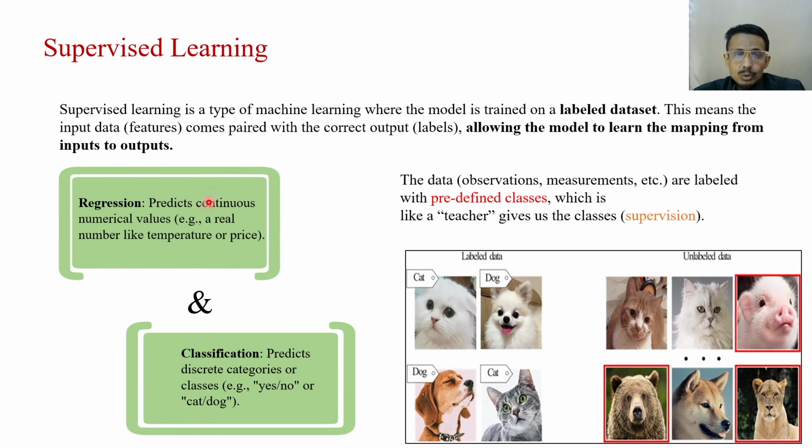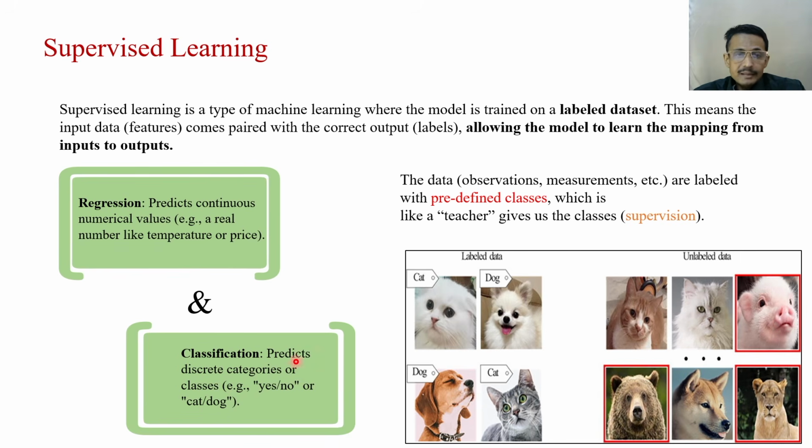In general, we are going to see two types of supervised learning. One is regression. What is regression? When the output is real valued data, so that we can predict real numbers like temperature, price, etc. Another is classification, when we predict discrete valued data or discrete categories.